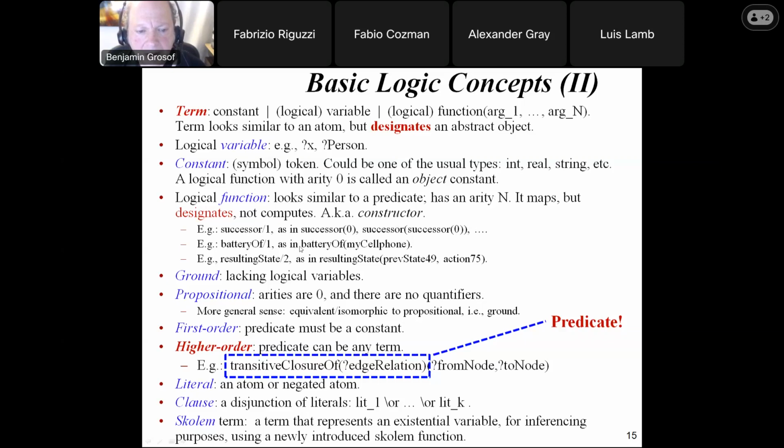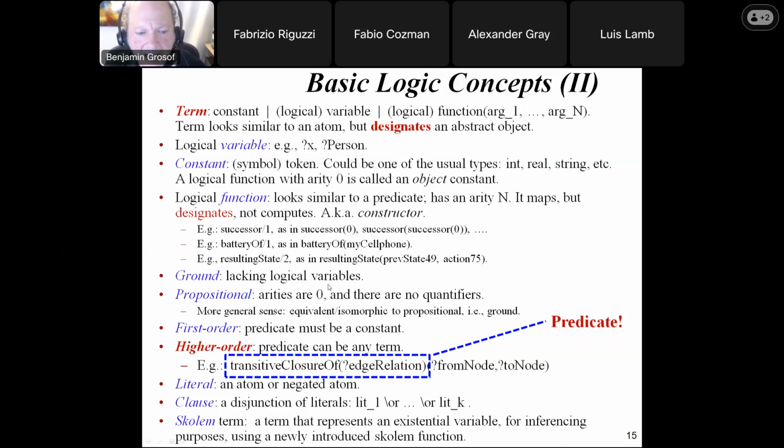Battery of with arity 1, as in battery of my cell phone, could be used to designate something. That's a convenient kind of way to name things. Or, for example, the function resulting state with arity 2 takes a previous state and some action into a resulting state, for reasoning about actions and causality and, for example, planning or robotics or whatever.